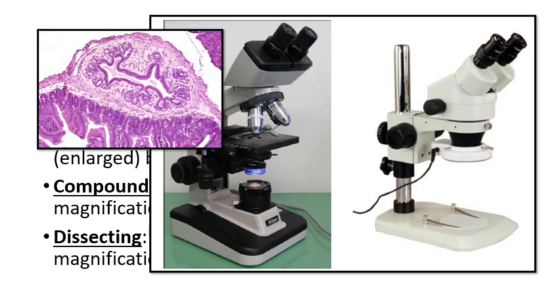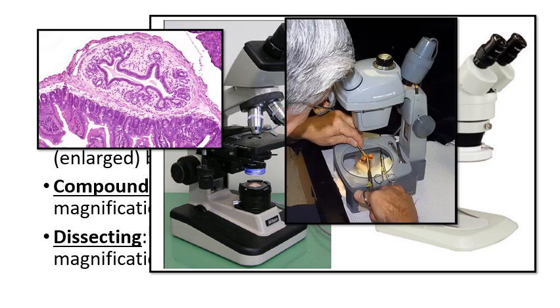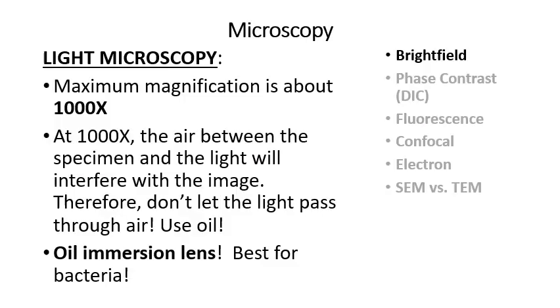So here is a typical example. This is a section of human tissue that you would look at using the compound microscope. So we're looking at a slice. Notice that it appears to be blue. That's because it has been stained. Otherwise, we wouldn't see any of these cells. Okay, here's somebody using a dissecting microscope to cut things open and look at them as they're doing it.